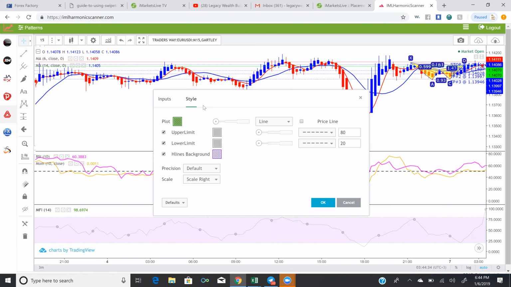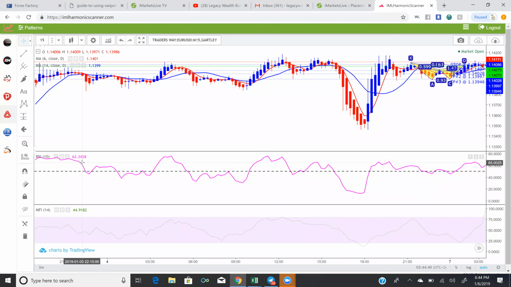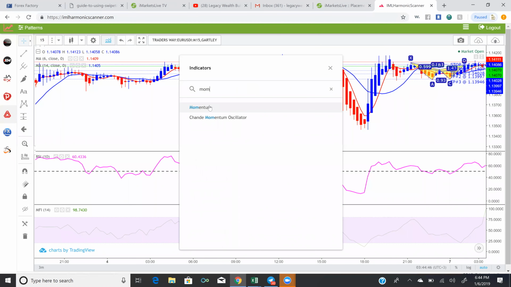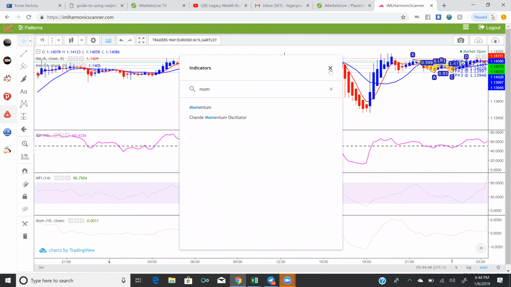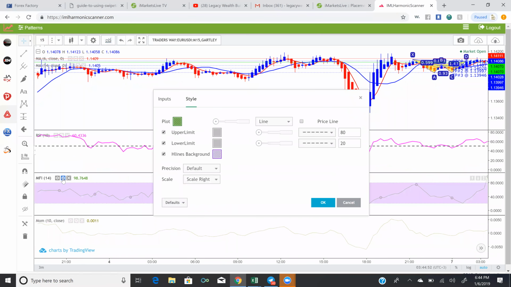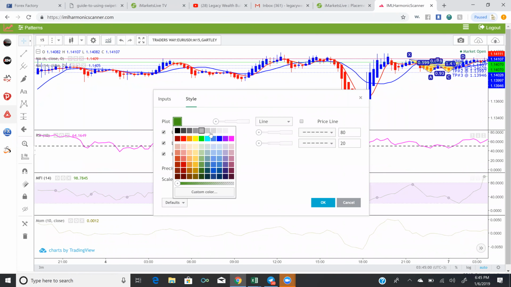My momentum, I did that wrong, y'all. My bad. See this X right here, where's the momentum? Delete that. Go to indicators, let's add the momentum. I reversed them. Okay, the MFI. Go to the wheel, let's change that. Deeper color. Yes, yellow.